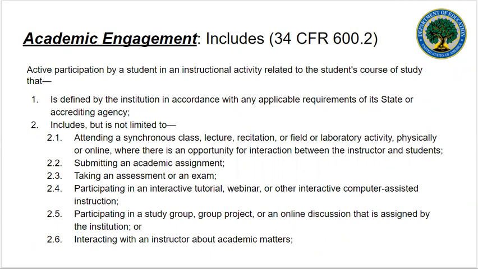The second part of regular interaction includes monitoring the student's academic engagement. Academic engagement has been defined in the new federal regulations and includes some examples: attending a synchronous class, lecture, recitation, or field or laboratory activity, physically or online, where there is an opportunity for interaction between the instructor and students; submitting an academic assignment; taking an assessment or an exam; participating in an interactive tutorial, webinar, or other interactive computer-assisted instruction; participating in a study group, group project, or an online discussion that is assigned by the institution; or interacting with an instructor about academic matters.